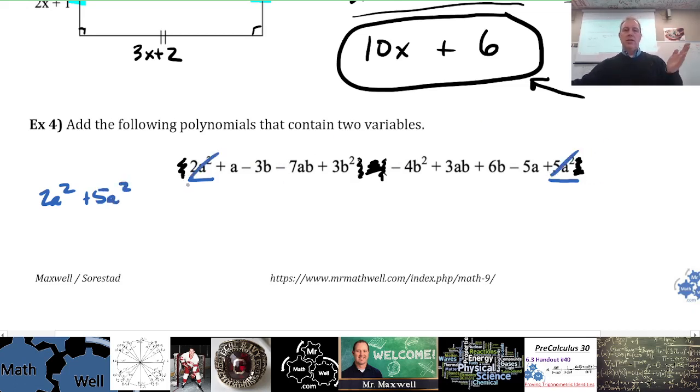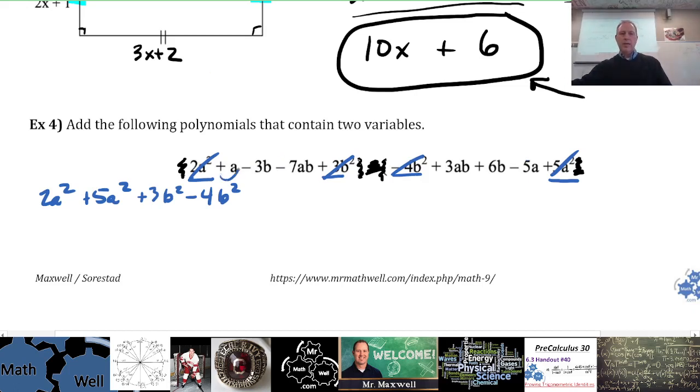You can do literally what I'm doing, just stroke off the ones that you've already gathered and taken care of so you don't lose track. Let's take a look at those b squareds now. So let's do 3b squared. Is there another b squared? Right here. So I'm going to do plus 3b squared minus 4b squared. Let's do a terms.